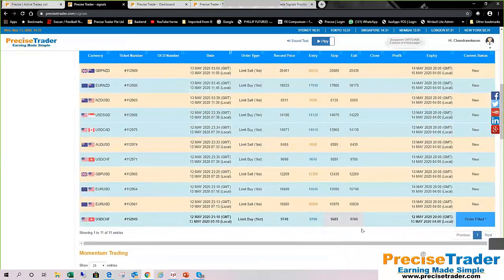In fact, I think we have revised it to 85. So that means we are trying to close at cost, or at most we lose 15 pips. Let's see how the trade comes out, and whichever way it moves, then you take it.